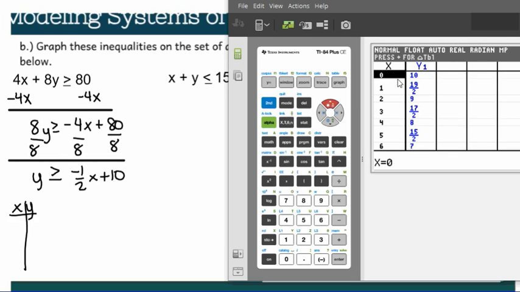As you can see, there are some very easy to plot points like 0, 10; 2, 9; 4, 8; 6, 7, but there are also some tricky points like this one, 1, 19 over 2. I'm not going to worry about this. I'm actually going to skip over that point when we're writing out our X and Y table.